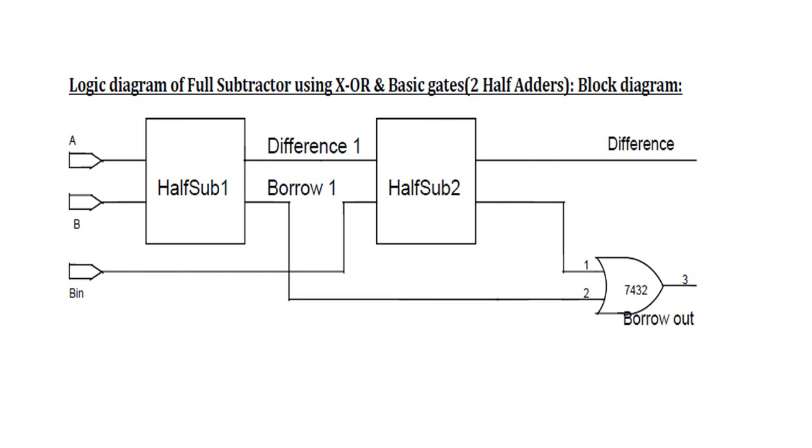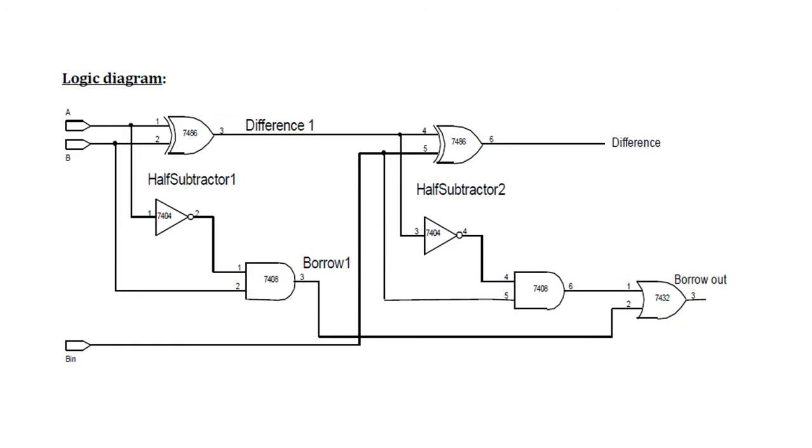So to implement this full subtractor circuit, 4 logic ICs are required. One is XOR, second one is AND gate, third one is NOT gate, and the last one is OR gate. So these are the ICs required. So the logic diagram: XOR gate 7486, 1 and 2 pin is connected to the input, and third pin is difference.